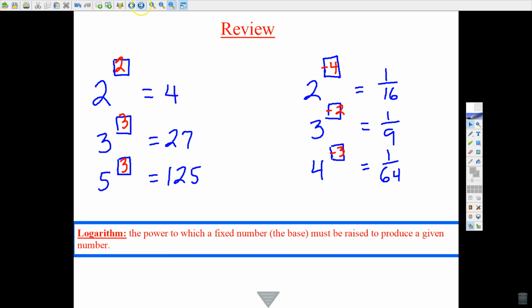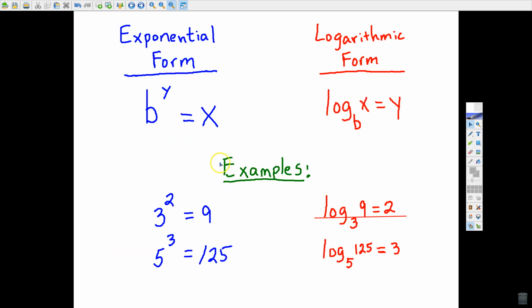And now let's take a look at some examples of really what we're going to be doing in this exercise. Not a real complex exercise at all, but a very important one for what we're going to be doing in subsequent lessons starting tomorrow and then on throughout the week. So we're familiar with this blue exponential form, some base raised to an exponent indicated here by y equals another number.